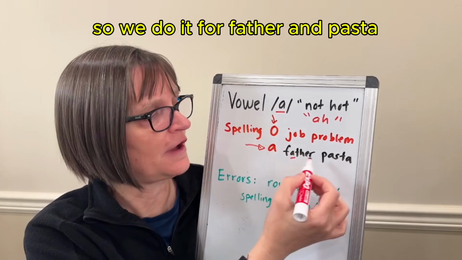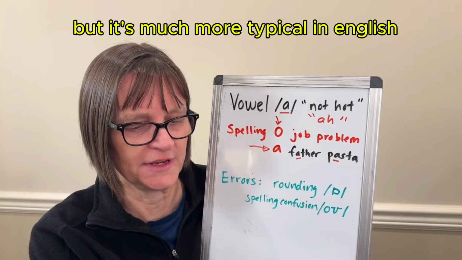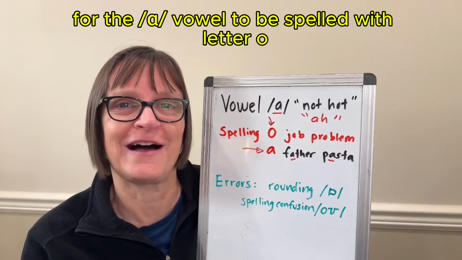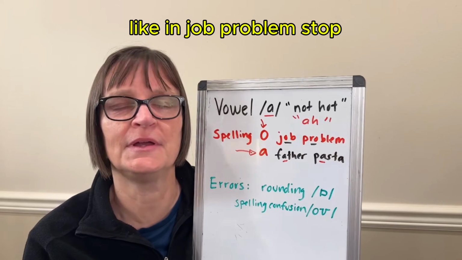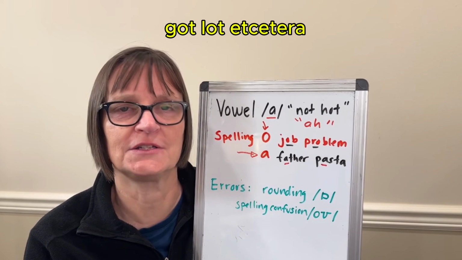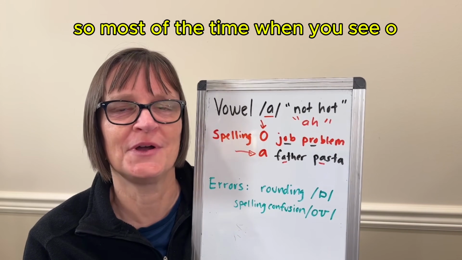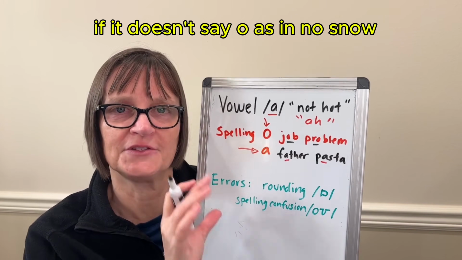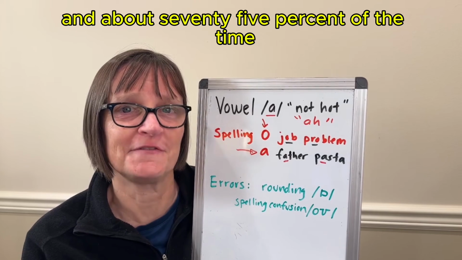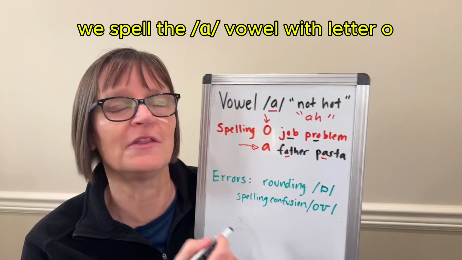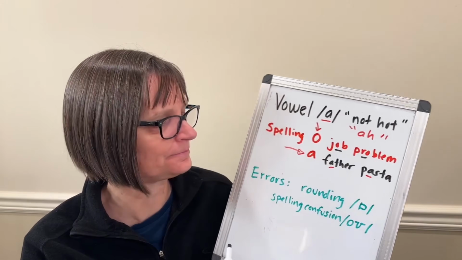So we do it for father and pasta, but it's much more typical in English for the ah vowel to be spelled with letter O, like in job, problem, stop, got, lot, etc. So most of the time when you see O, if it doesn't say O as in no snow, it's going to say ah as in not hot. And about 75% of the time, we spell the ah vowel with letter O. So it's the majority of the time.